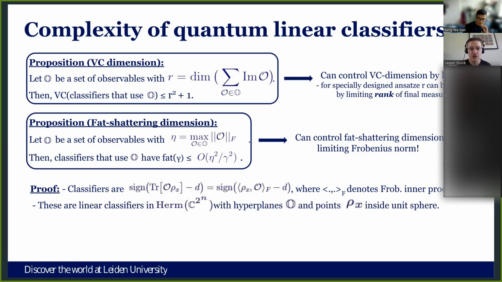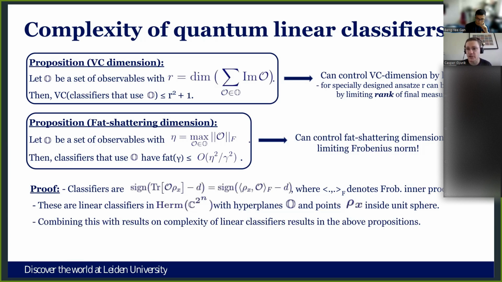In other words, all we're doing is implementing linear classifiers in the space of Hermitian operators, where the hyperplanes are given by the observables, and the points which I'm trying to classify are given by these density matrices which encode the data. And we know that they're inside the unit sphere because they have to be mixed states, which have trace equal to 1.